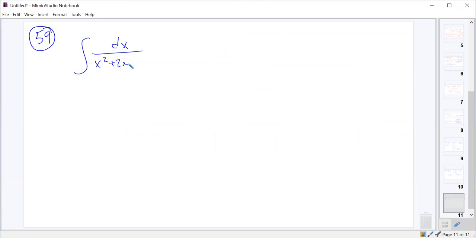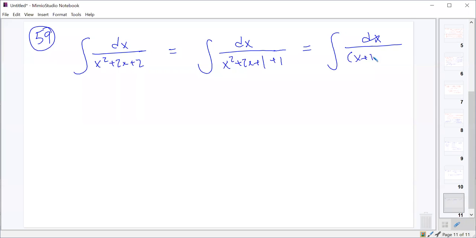We got x squared plus 2x plus 2. And so we should be able to notice that that looks very close to a perfect square trinomial. And so we could rewrite this as the perfect square, x squared plus 2x plus 1 plus another 1. And then x squared plus 2x plus 1, we can factor into x plus 1 squared plus 1.